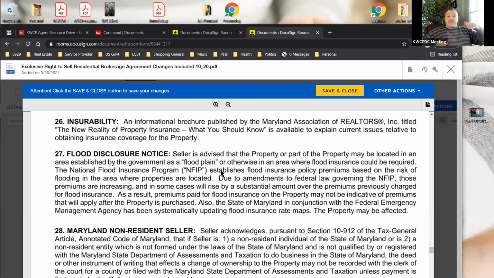So your seller today who is paying a flood insurance premium at a set rate is going to be paying a lower premium than will a new buyer buying the same house in the same location. So the new premiums are much higher.